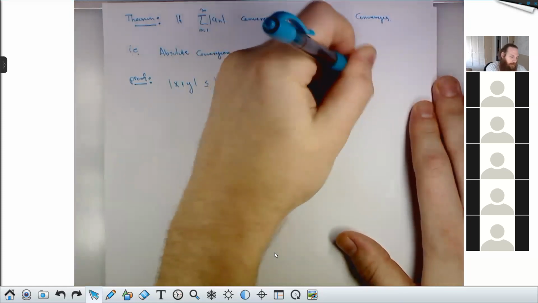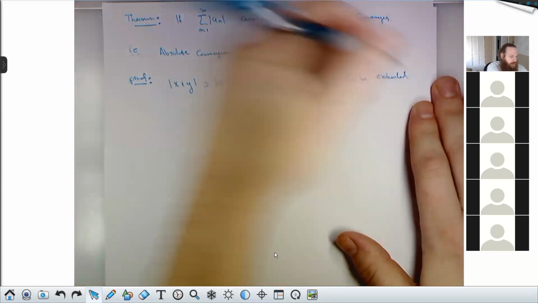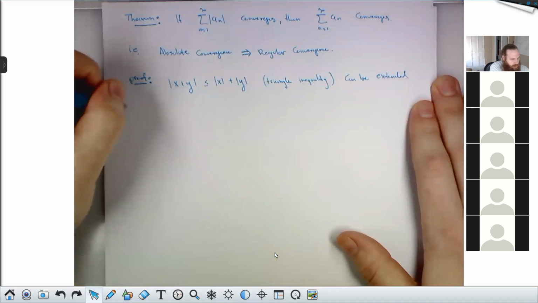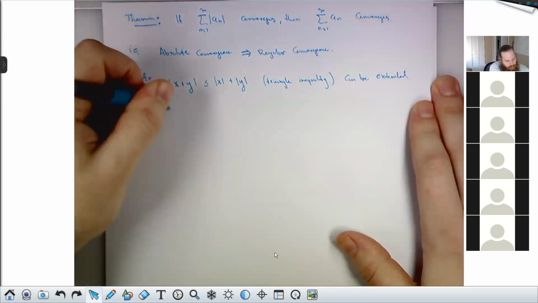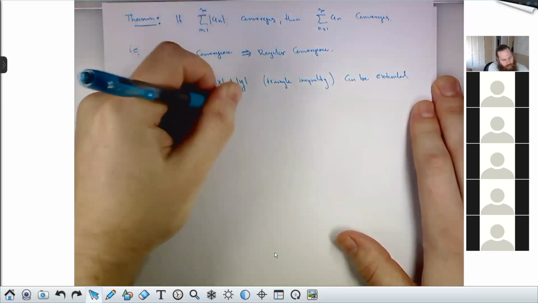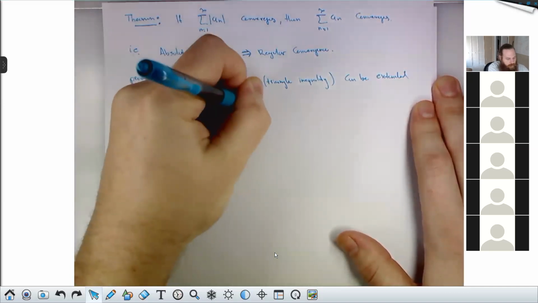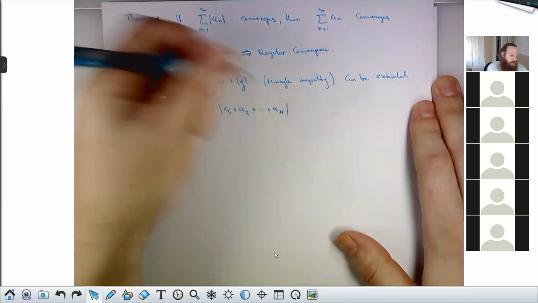And this can be extended using what's called mathematical induction to the statement: the absolute value of A1 plus A2 plus A3 plus A4 all the way out to AN.